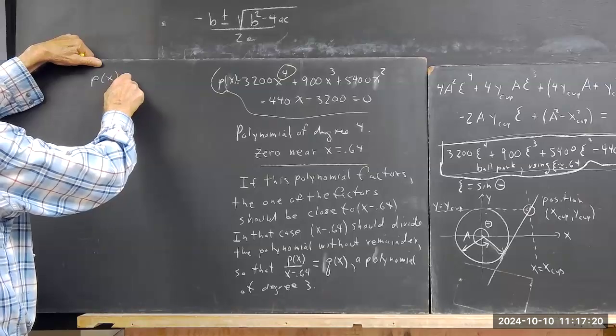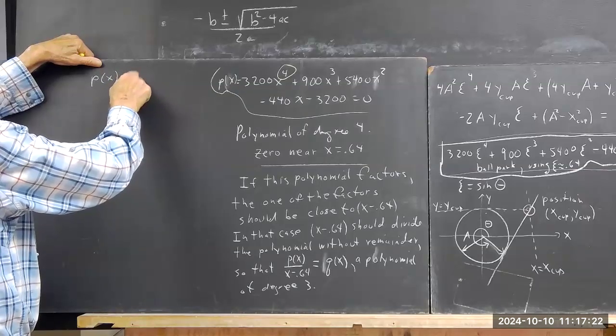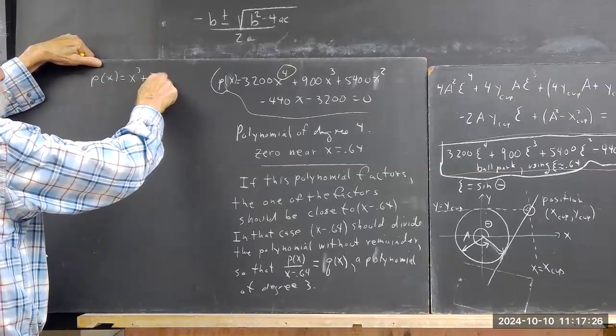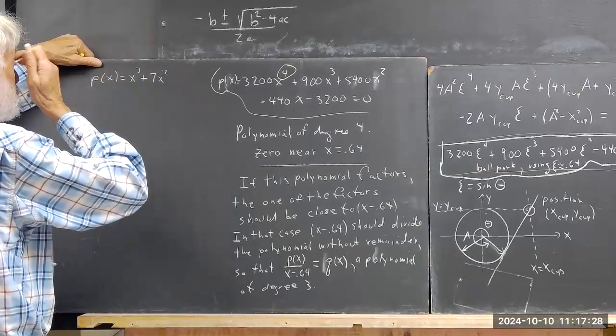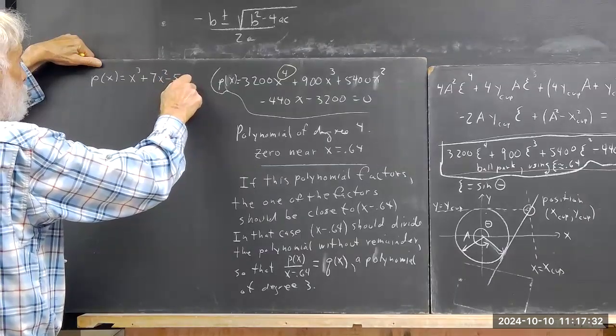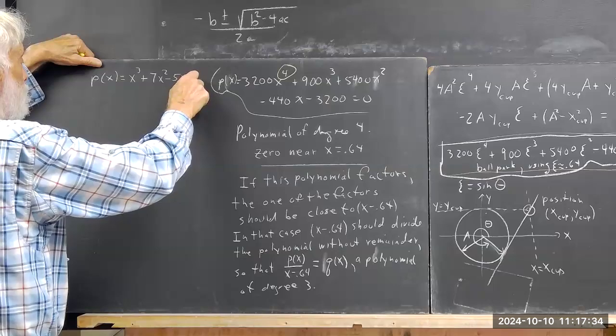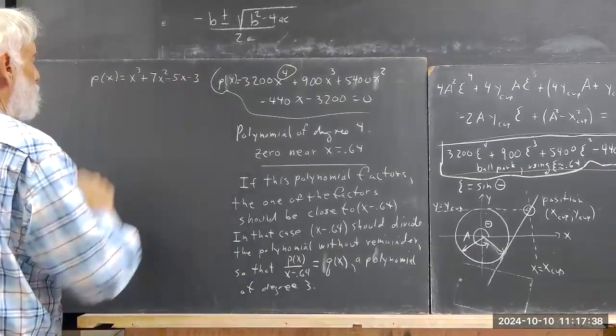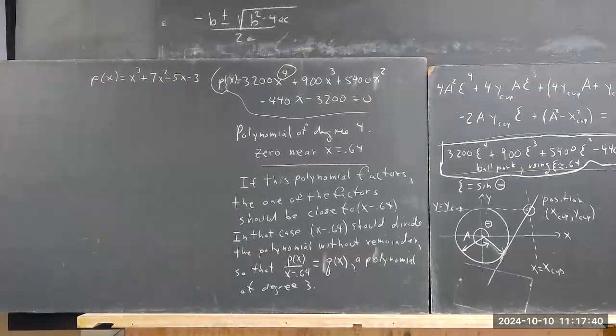Let's say we have a p of x that's equal to x cubed plus 7x squared minus 5x minus 3.